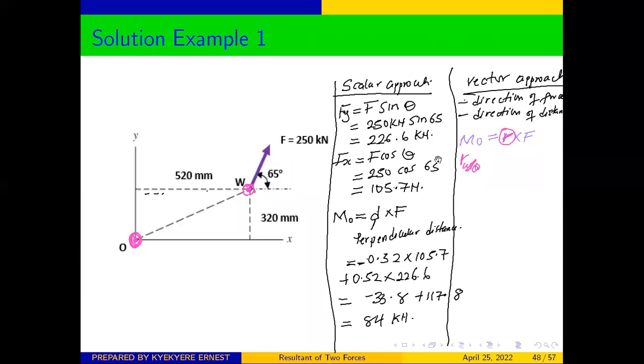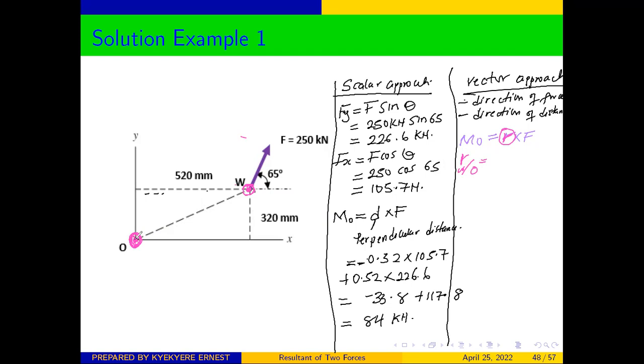We are moving from where we are taking our moment O to where the force has been applied, which is W. So we have r W/O, and it means that we are moving from O to W.